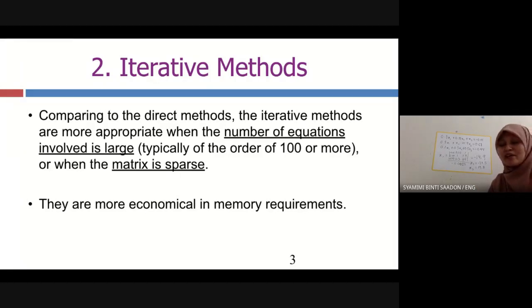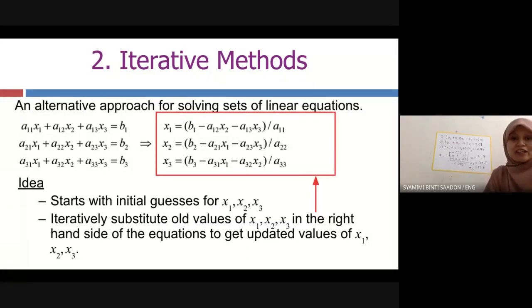And obviously we are going to use computer programming. We are not going to calculate manually. They are more economical in memory requirements. Okay, so for example, the graphic and Cramer's we call direct methods, and the second part, iterative methods, we have several names.